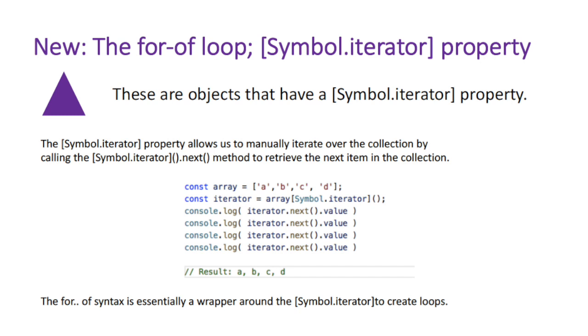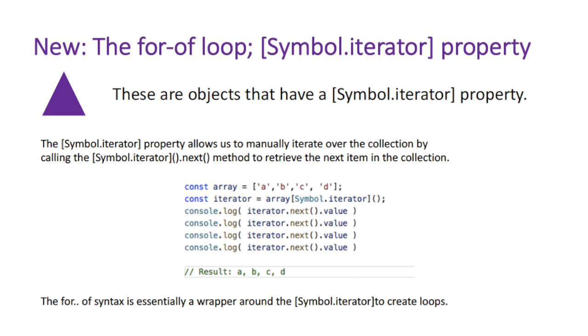So you should be careful though, because these objects I just mentioned, as I said already, they are iterable, which means that they have a Symbol.iterator property. The Symbol.iterator property allows us to manually iterate over the collection by calling the Symbol.iterator next method to retrieve the next item in the collection. So look at the code.